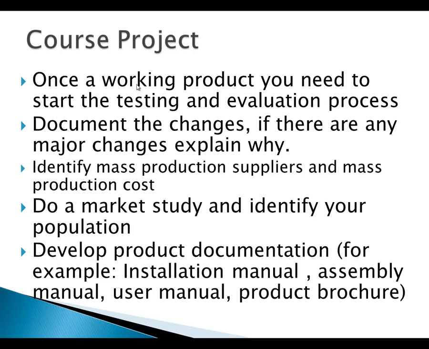Then you need to do a market analysis or market study to identify the targeted population, and then develop product documents such as bill of material, user manual, assembly manual, brochure, or posters, or a website that can assist in the marketing of the product.